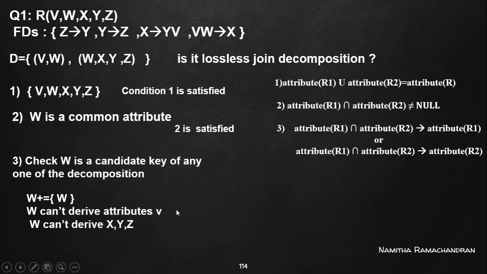So it is clear that we can now conclude this particular decomposition is not a lossless join decomposition. This is the method if we are asked a question like this: a relation is given, a set of dependencies over that relation is given, and also the decomposition.